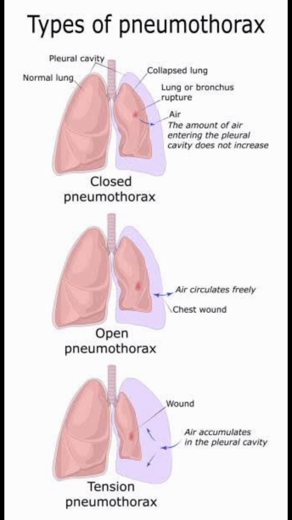Closed pneumothorax. Closed pneumothorax has no associated external wound. The most common form is a spontaneous pneumothorax, which is accumulation of air in the pleural space without an apparent antecedent event. It is caused by rupture of small blebs on the visceral pleural space.